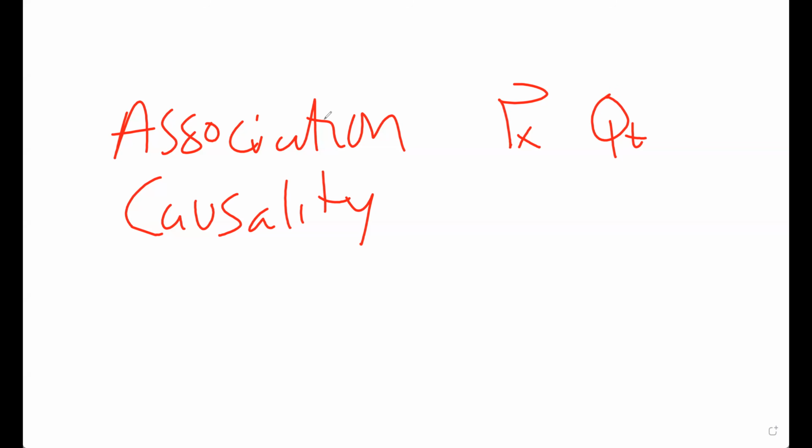Now, take for example, consumption and income. You and I will agree that consumption and income has some relationship. Now, it is possible that consumption causes income to go up, because if you are consuming more goods, you'll be tempted to increase your income level.